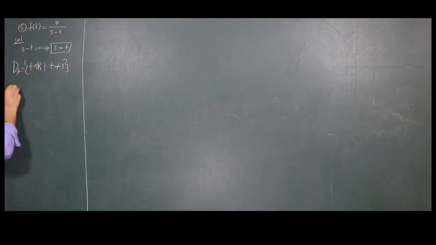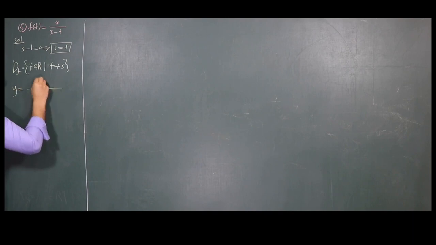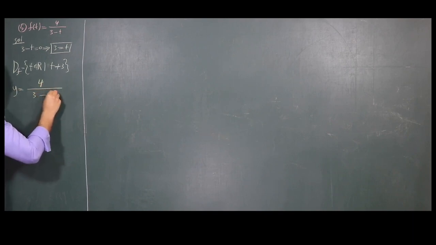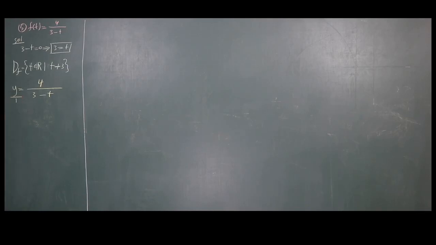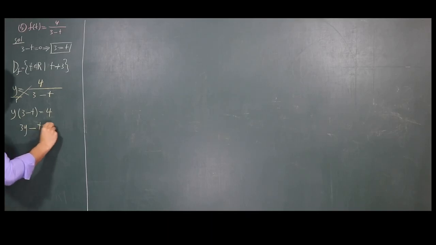So I'm going to write y equals 4 divided by 3 minus t. To change the formation, I multiply y by 3 minus t, and the result will be 4. I'm going to follow the distribution law. So 3y minus ty, or yt, it doesn't matter, same thing, equals 4.